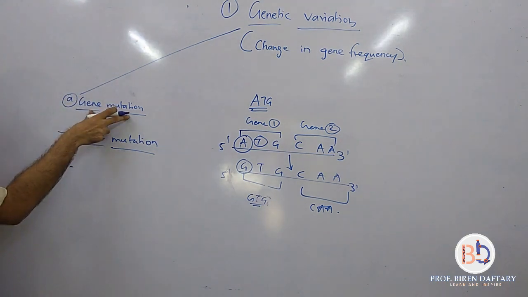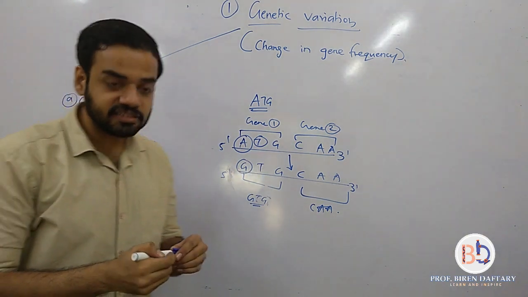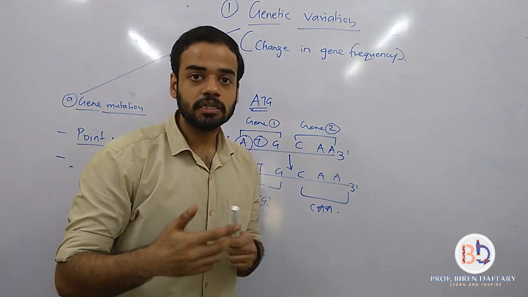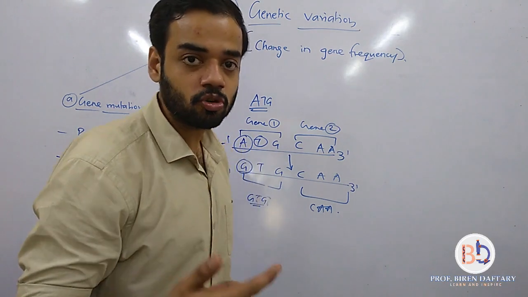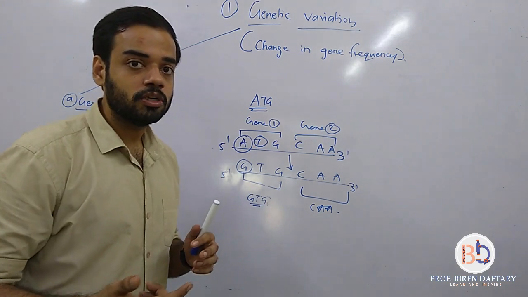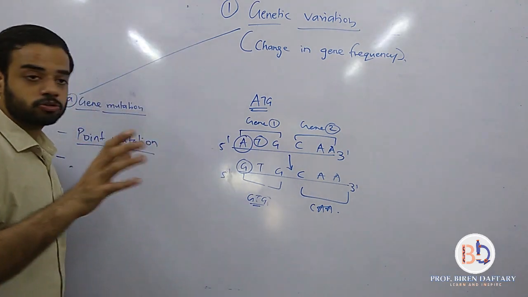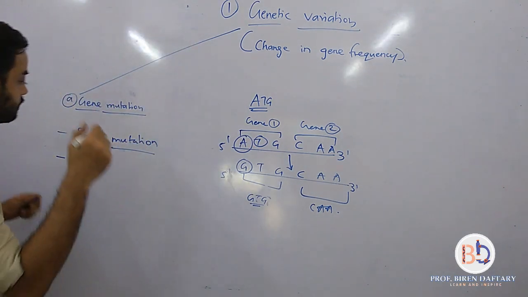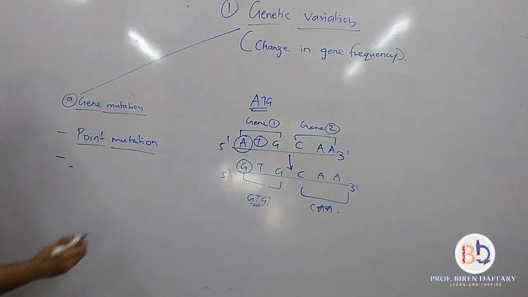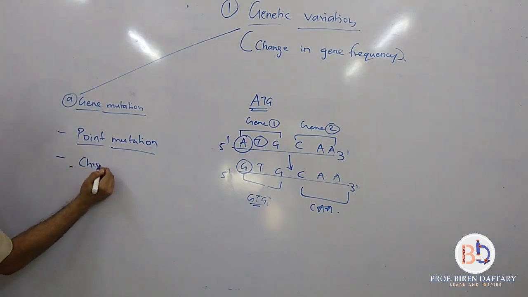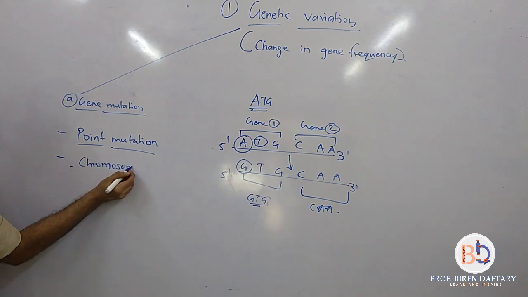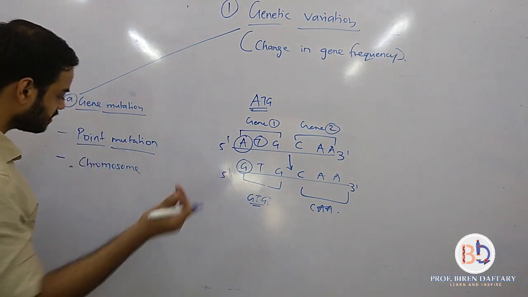Now because of gene mutation, see, genes are present on DNA. DNA gets condensed into chromatin. Chromatin gets condensed into chromosome. So basically your chromosome structure is changing. So because of gene mutation, can I write that there is chromosome mutation? Yes, I can write that, because DNA and chromosome are the same thing.